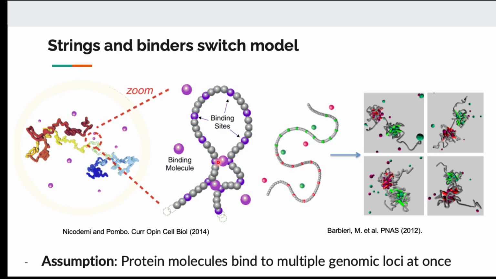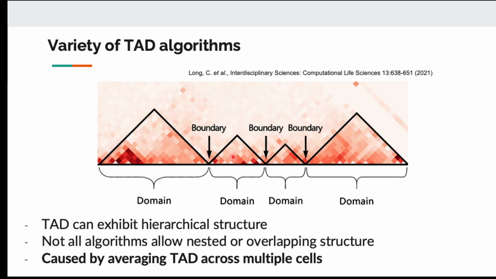But back then, people still had no idea how many protein families are responsible for the folding. Because if all domains require the same protein, how can you have such organized structure?